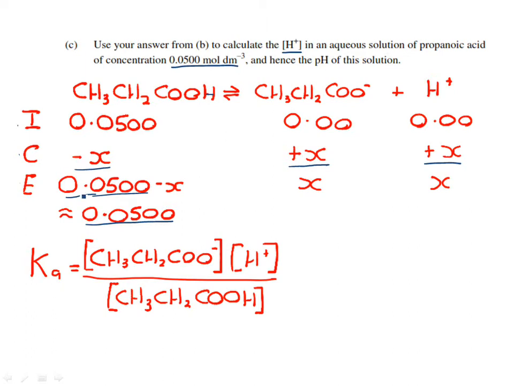So the assumption we make is if we take X away, we basically stay with the initial concentration, which is why we're going to use this initial concentration in our equation, okay? And then for the other two, we have X and X, okay? So that once you've made your ICE box, you need to input the values into the Ka expression here, okay?